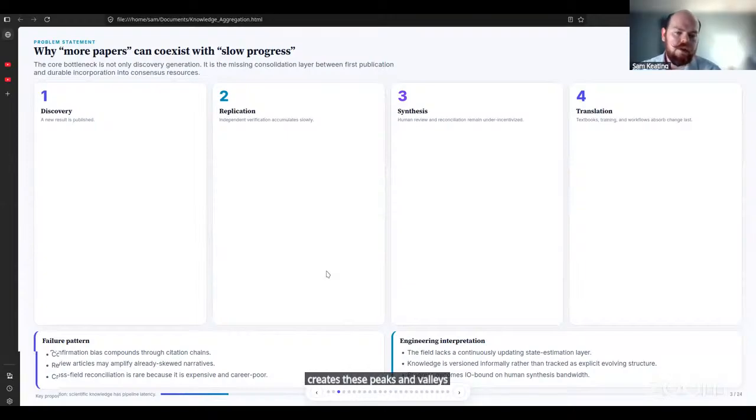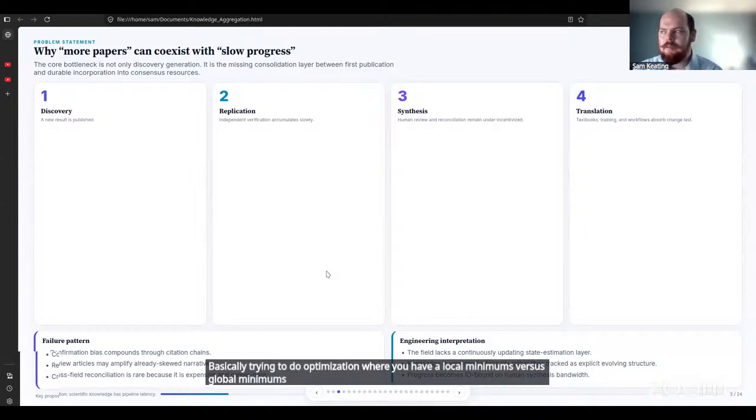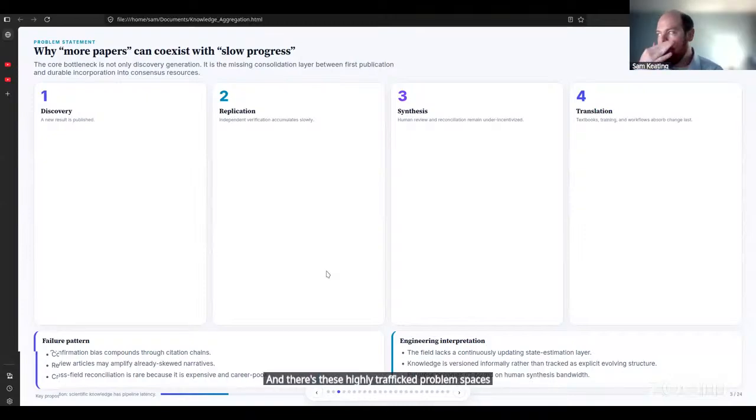You can think of it in terms of computational optimization, basically trying to do optimization where you have local minimums versus global minimums. And there are these highly trafficked problem spaces that get a lot of attention and just become the most familiar. And then there's all the rest, where you might have completely unattempted or not even acknowledged problem spaces.